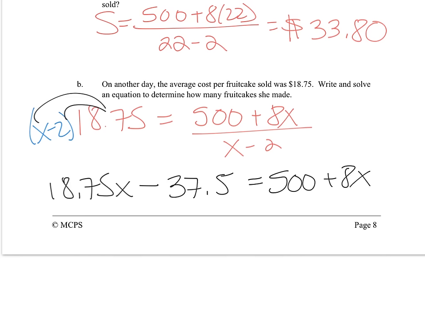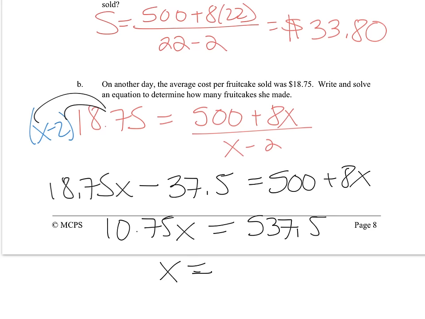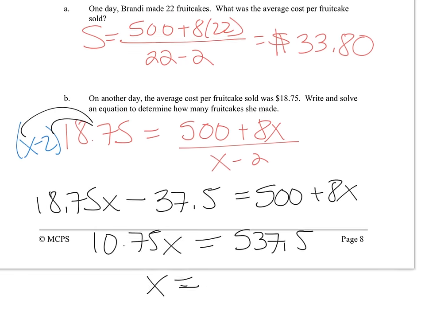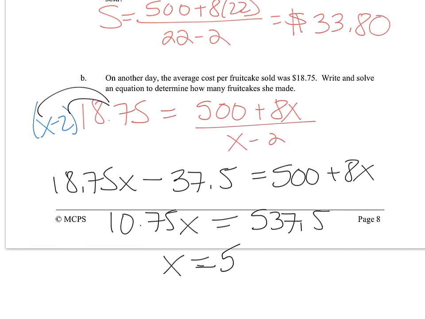And then I'm going to move my x's to the left, move my numbers to the right, divide, and you get 50 fruitcakes.